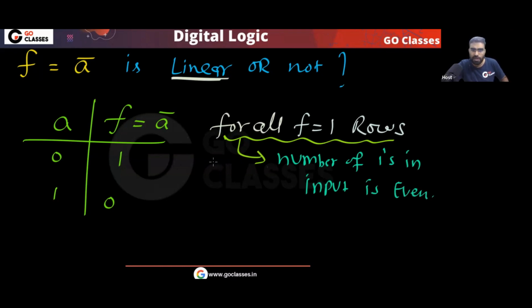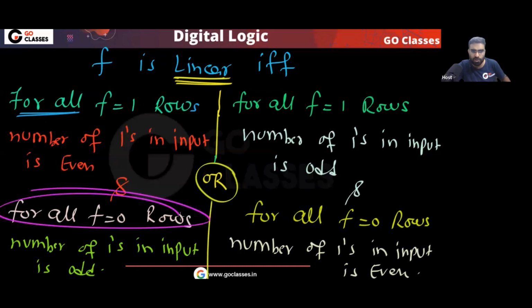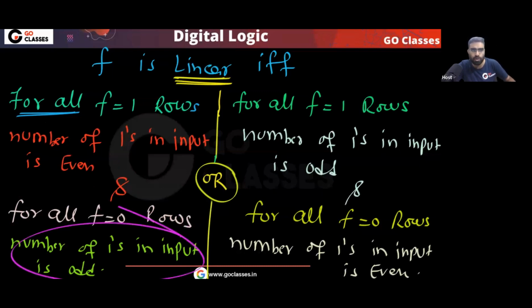Now if this happens, that for all f equal to 1 rows the number of ones in the input is even, then for all the f equal to 0 rows, the number of ones in the input should be odd.